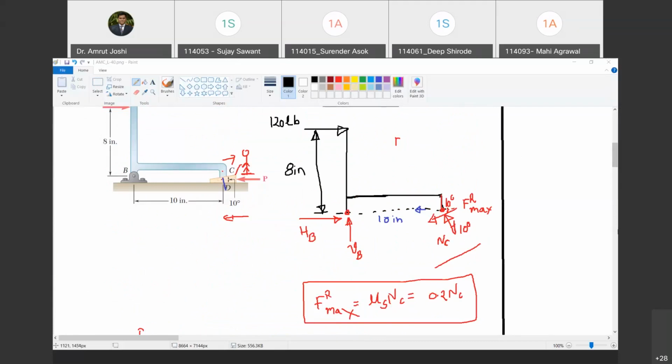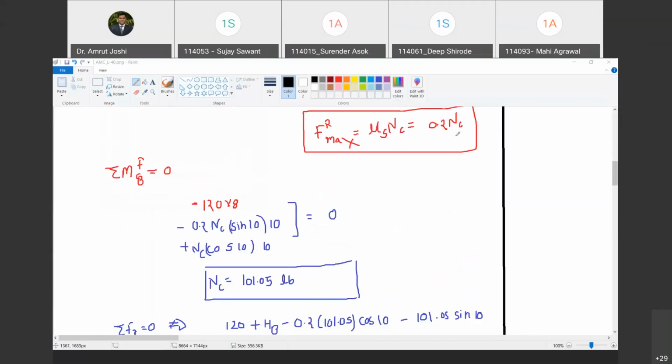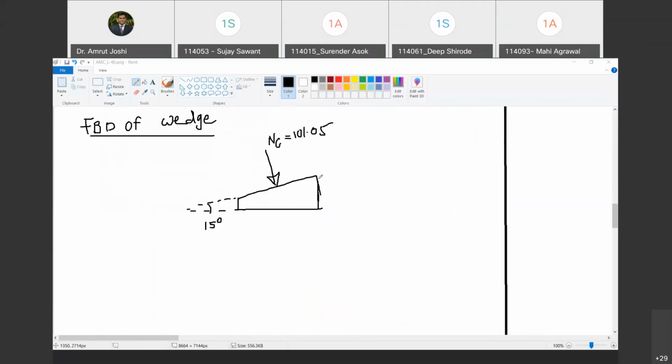So therefore, there must be an equal and opposite frictional force applied by machine part on the wedge. Do you agree with me? Yes, sir. And that I'm going to call it as FR max. Have we derived the value of FR max? Yes, that FR max is 0.2 times NC. Happy? Yes, sir. And that force now in this case will be towards right. So it is 0.2 times 101.05. Do you agree with me?